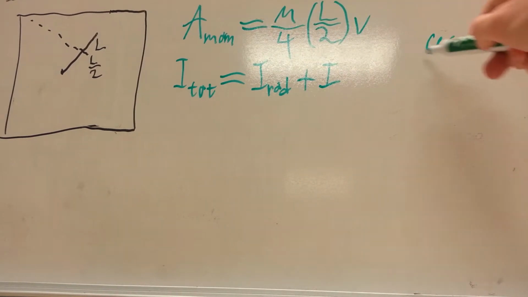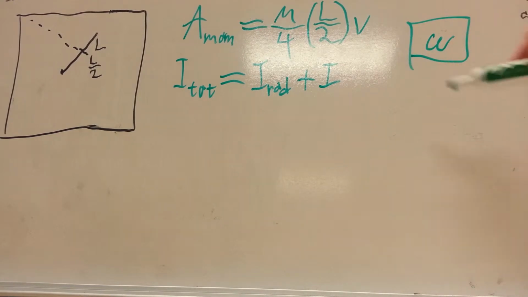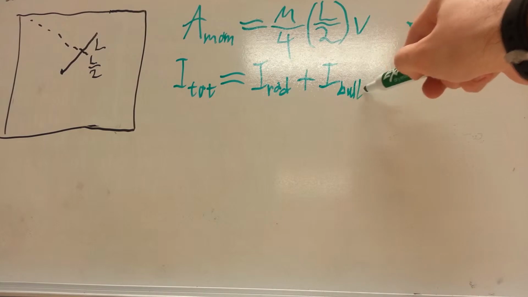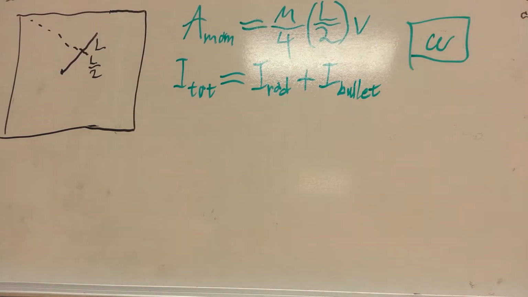That's what we want. And bullet. Okay. So if we do that, we should only have one unknown, and that'll be omega, and we'll solve for that, and we'll be done.